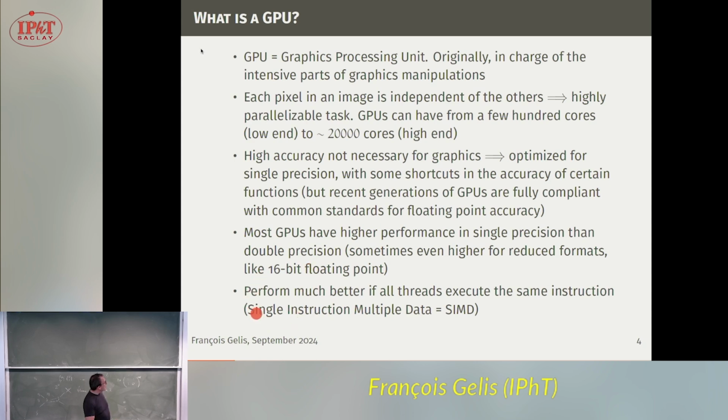And then something I mentioned earlier, that a GPU in principle wants to execute the same instruction, clock for clock, in all threads. And you can't deviate from that, because otherwise it serializes all the instructions, which means you lose all the benefit of the parallelism.